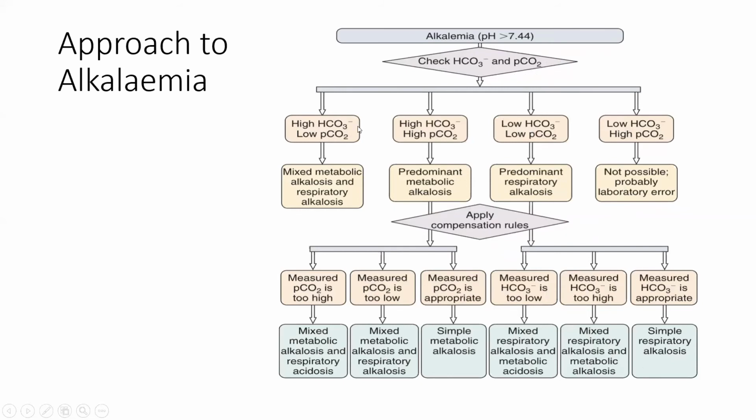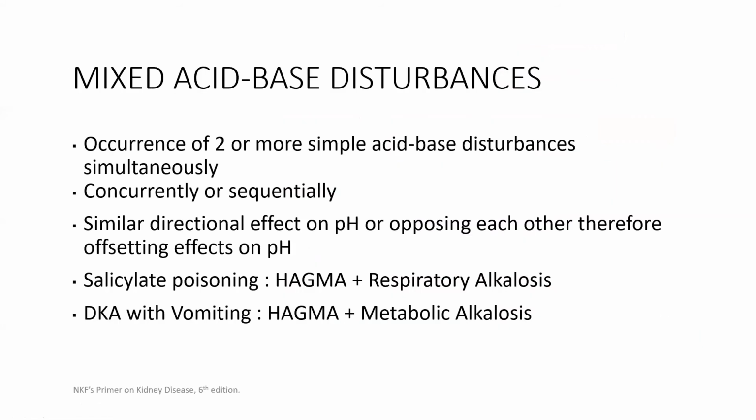If there's a high bicarb and low PCO2, this is a mixed metabolic alkalosis and respiratory alkalosis. But if there's a high bicarb and high PCO2, it is a predominant metabolic alkalosis. Low bicarb and low PCO2 is a predominant respiratory alkalosis. Low bicarb and high PCO2 is probably a lab error as well.